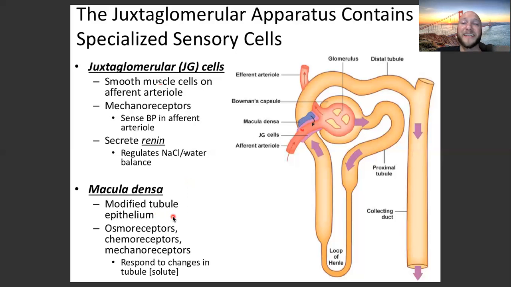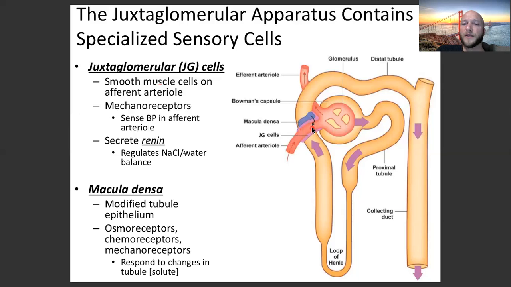And the macula densa contains osmoreceptors, chemoreceptors, and mechanoreceptors. And these macula densa cells, they're in this section of tubule, and this section of tubule loops back around by the glomerulus so that they can communicate. We have some local communication in this area.